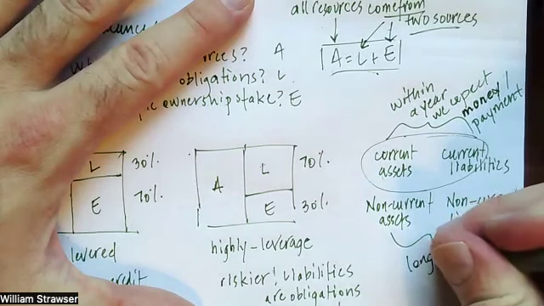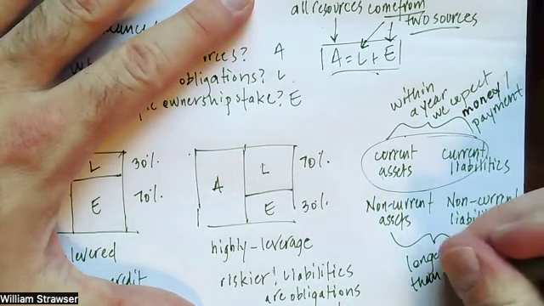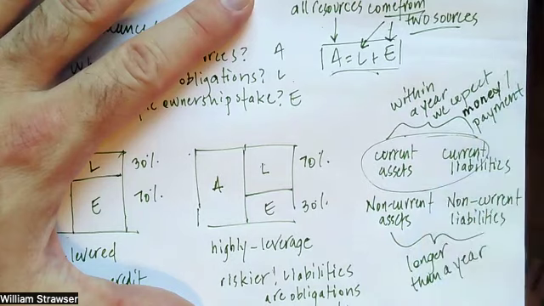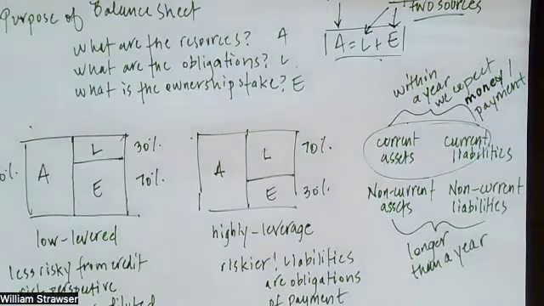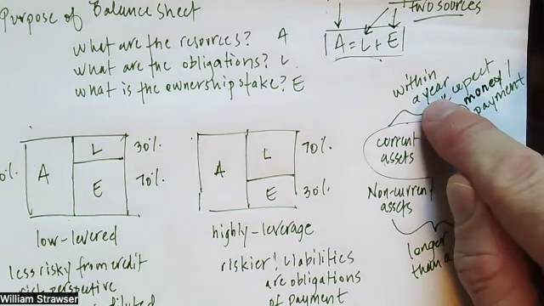Now, I said sometimes because it depends on the operating cycle. If a company has an operating cycle that is longer than a year's time, then that defines the time element.